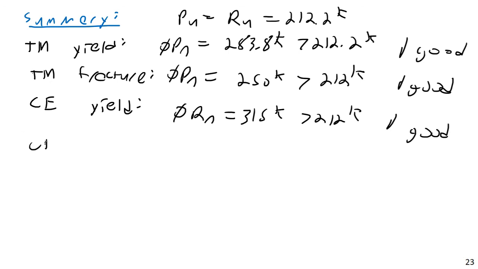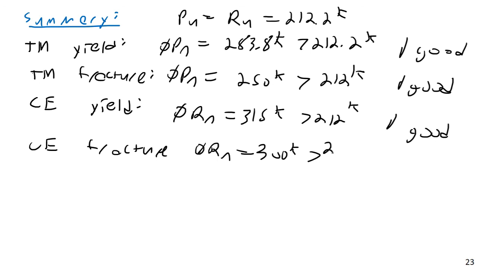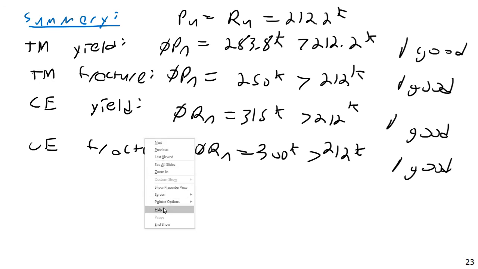And connecting element in fracture is going to be phi Rn equal to 300 kips, which is also greater than 212 kips. And so that's also good. So when we combine all of these together, we can finally conclude, after all this, that the whole system is adequate.